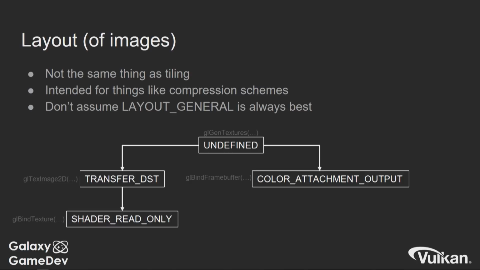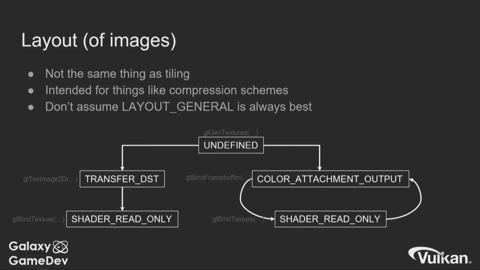In that case, you need to set your image to color attachment output layout before drawing something. And maybe later you will decide to use this render target as an input texture for some post-processing or environment mapping, so you should transition it to shader read-only layout.